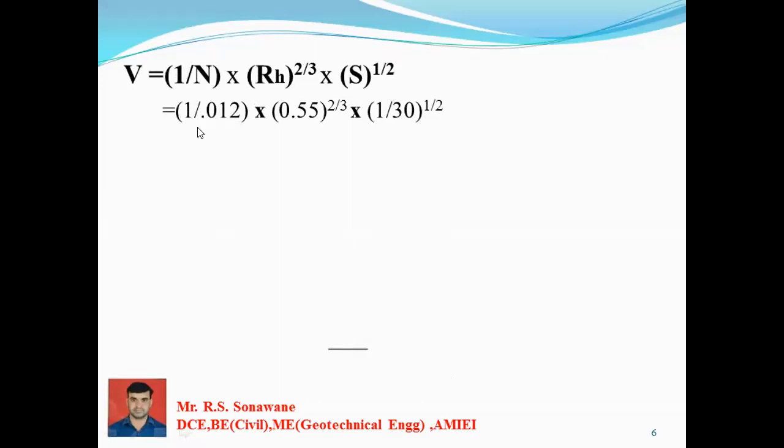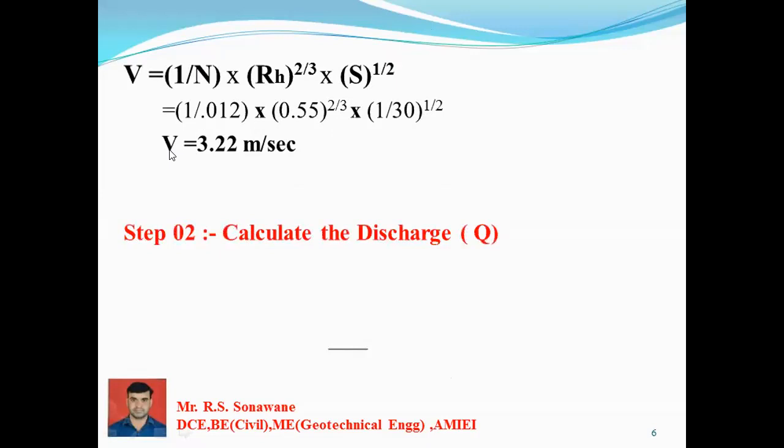Put all the values in that formula: 1 upon 0.012 into (0.55, that is RH, the hydraulic radius which we got in the previous slide) raised to 2 by 3 into 1 by 300 raised to the half. That is equal to the velocity by Manning's formula. It will be 3.22 meter per second.